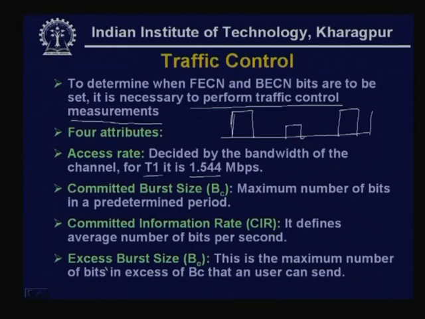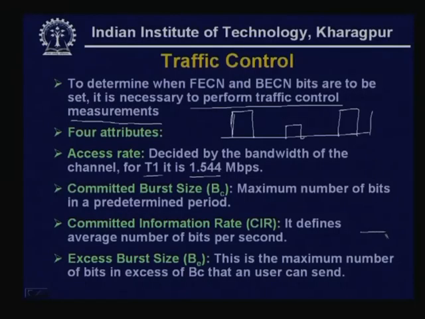Then another parameter is excess burst size. This is the maximum number of bits in excess of the Bc. Committed burst size is already there. The network allows, in addition to Bc, some more before it decides to send FECN or BECN.